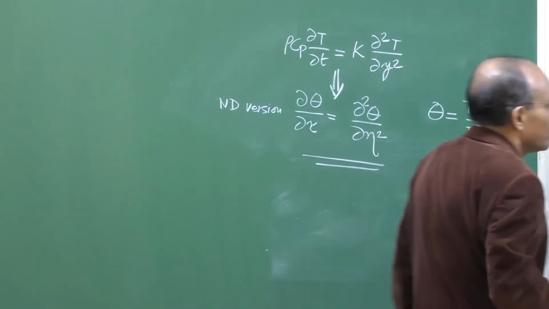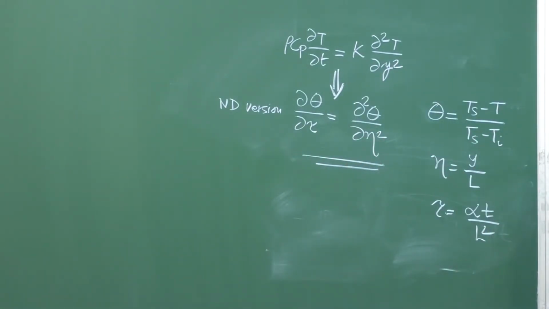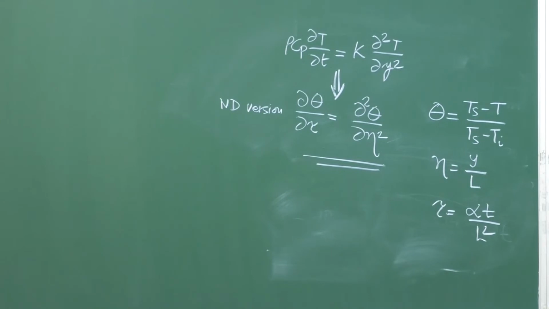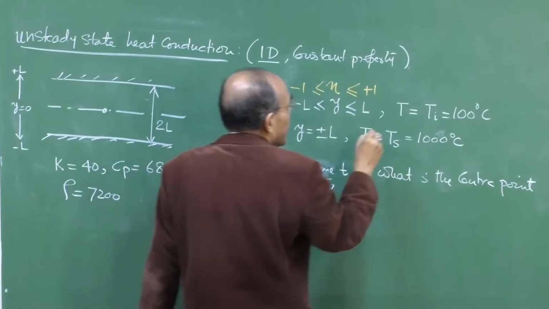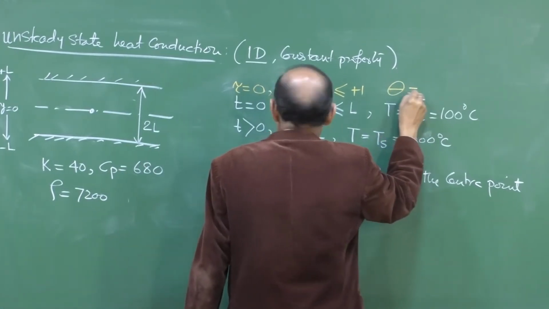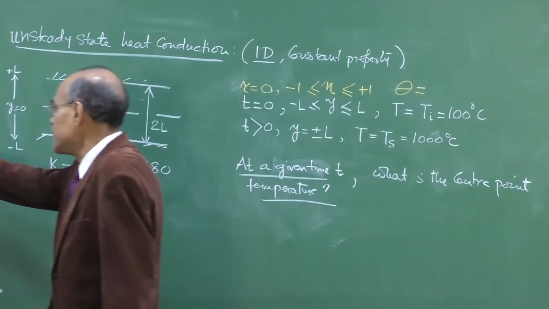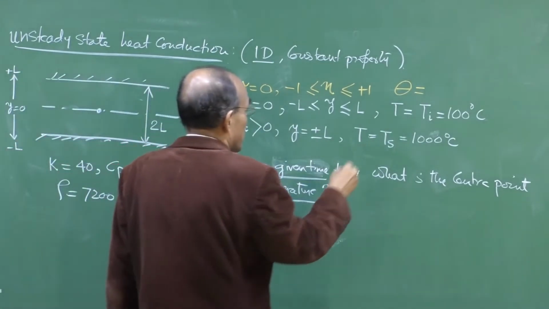Therefore, I can say that look, now with respect to theta, the modified boundary condition will be at tau is equal to 0, okay, for eta is equal to minus 1 to plus 1, theta is equal to Ts minus Ti divided by Ts minus Ti, which is equal to 1.